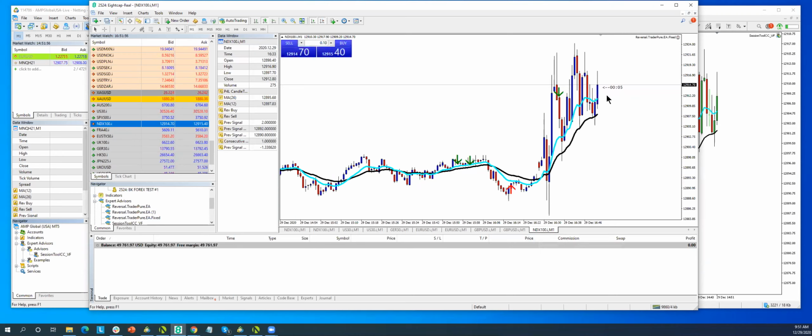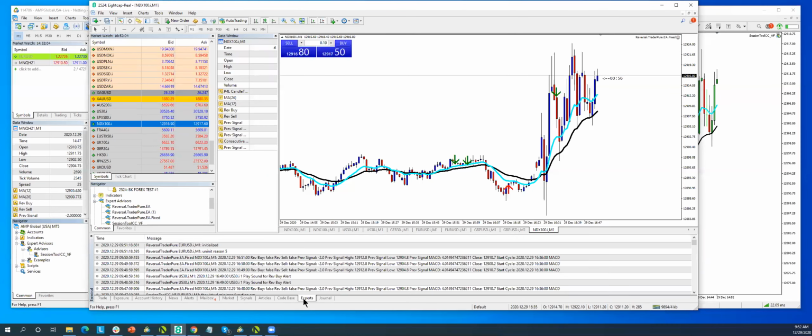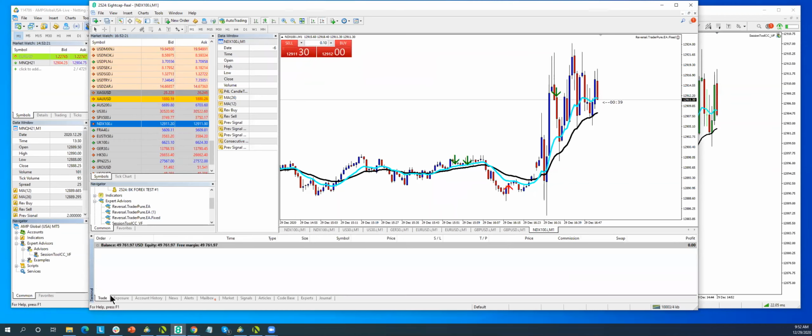So let's see. I'm just watching this. Let's see if this closes through and it triggers me. Why is this not triggering? I'm actually interested. Why is the expert not triggering? Long breakout found. Why is it not working? MACD start. False reverse. Huh. Yeah, but I don't know why it's not working on this thing.